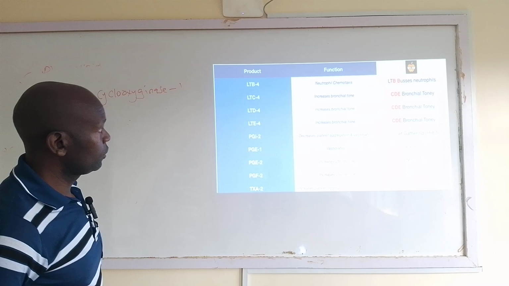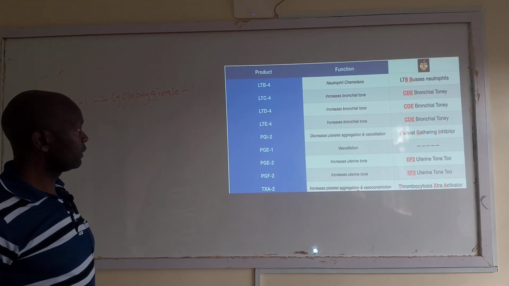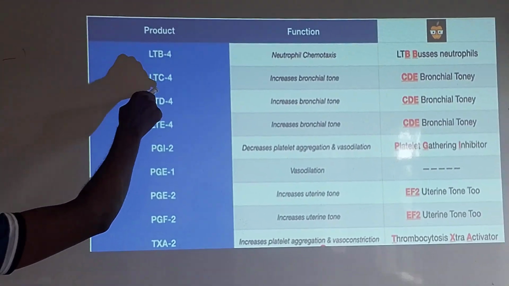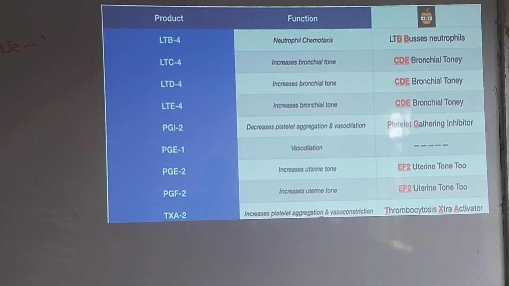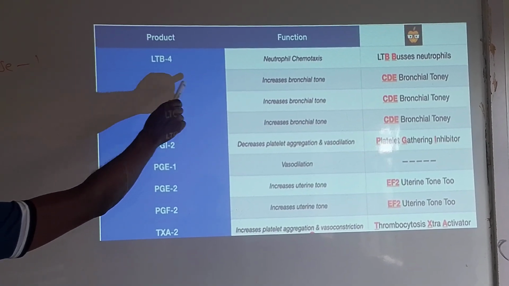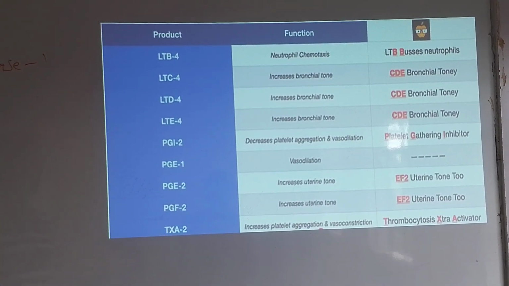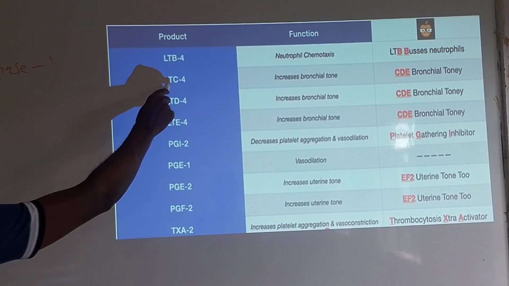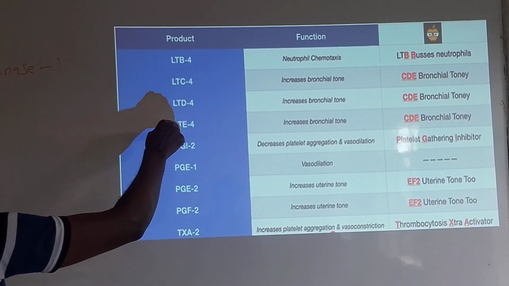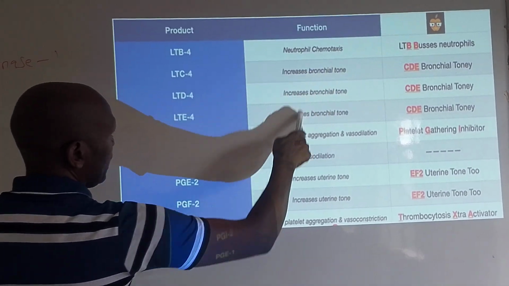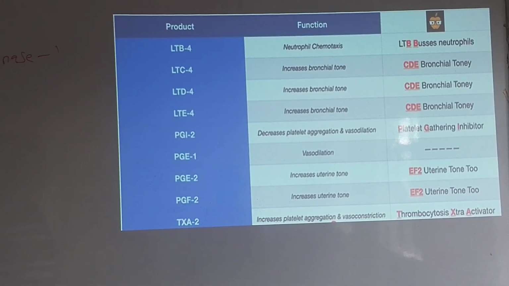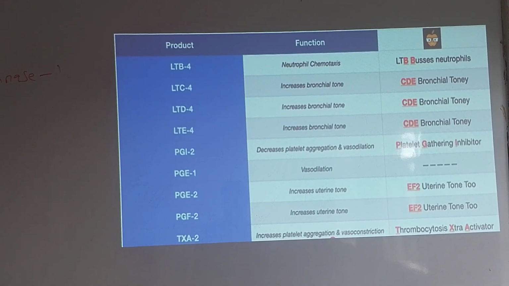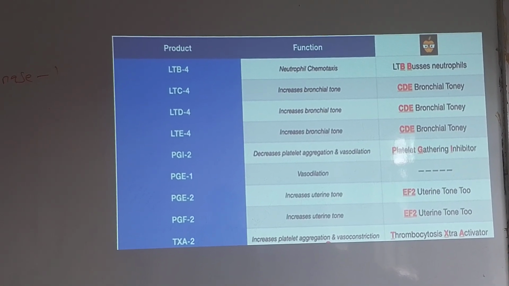So this is a table to show the summary of functions of the metabolites we have mentioned. This is leukotriene B, C, D, and E. Apart from leukotriene B, which leads to neutrophil chemotaxis, that is attraction of neutrophils to the site of inflammation, the other three, leukotriene C, D, and E, cause an increase in bronchial tone, leading to what we call bronchospasm, which we explained earlier.